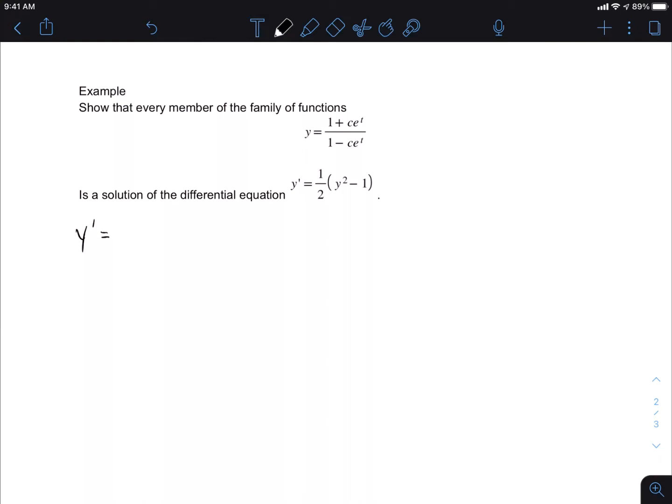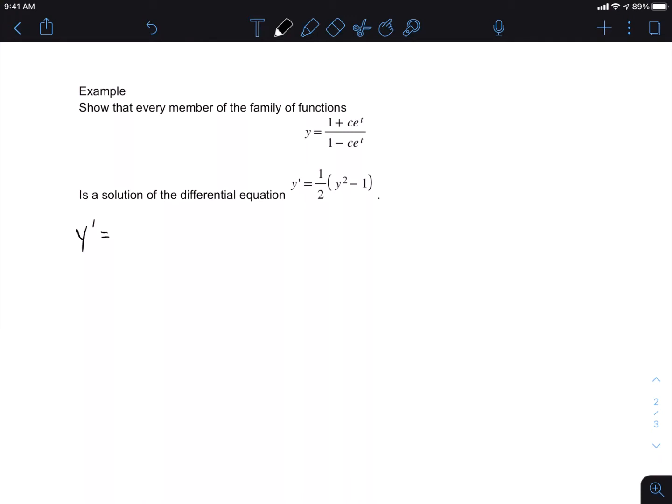Anybody? I'll give you a hint. It's a fraction. Since it's a fraction, what should I do? dy dx. Well, yes, actually it's a dy dt, because we're talking about time. But it's a quotient rule. That's what I was going after.